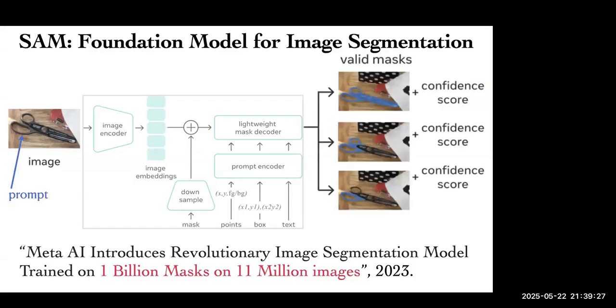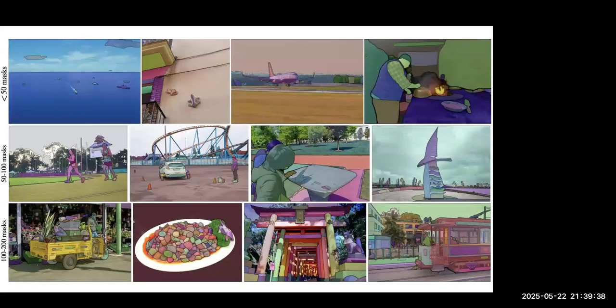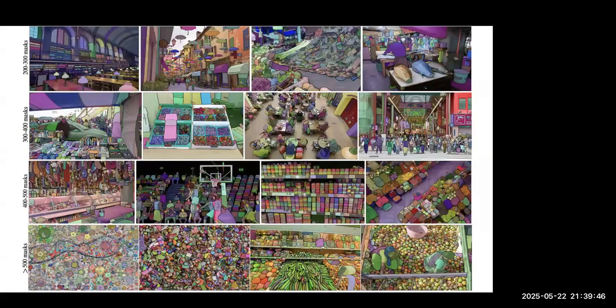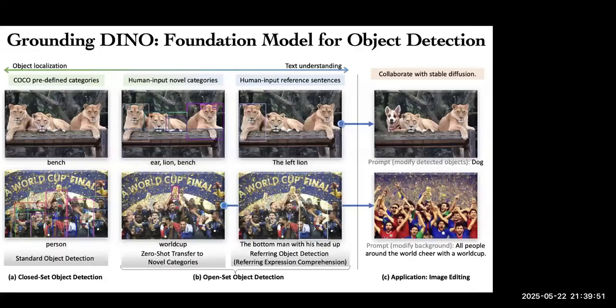It outputs 3 possible segmentation masks, each with a confidence score, because segmentation is fundamentally ambiguous. To give you a sense of the images that SAM is trained on, these are all painstakingly annotated segmentations by human annotators.